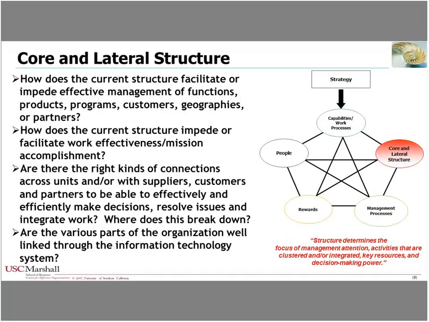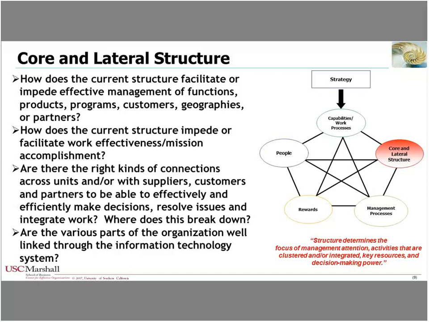It could be a customer-oriented structure that organizes and focuses attention and resources on different customer sets. It could be on different products. It could be on different regions or geographies. And so the way the organization at the highest level sets itself up to get the work done is what we're going to call a core structure.